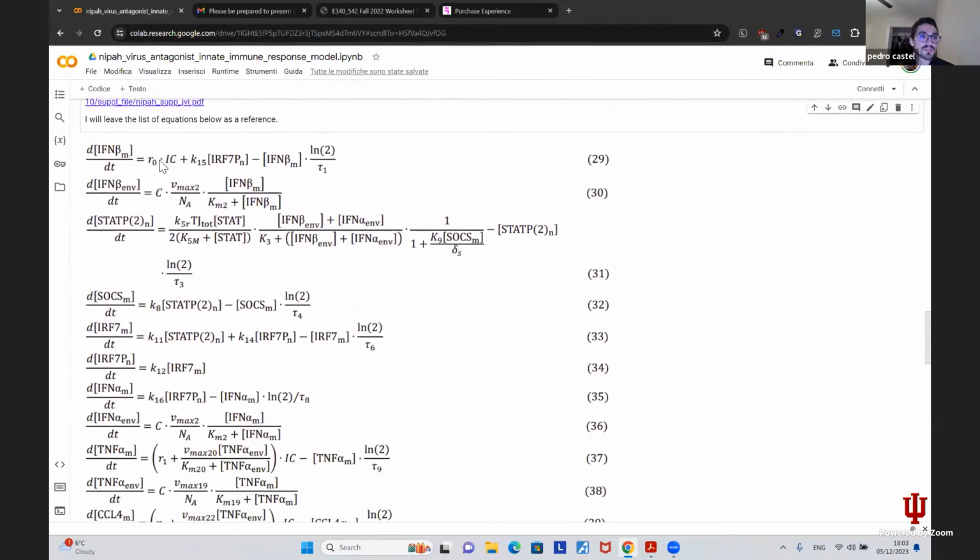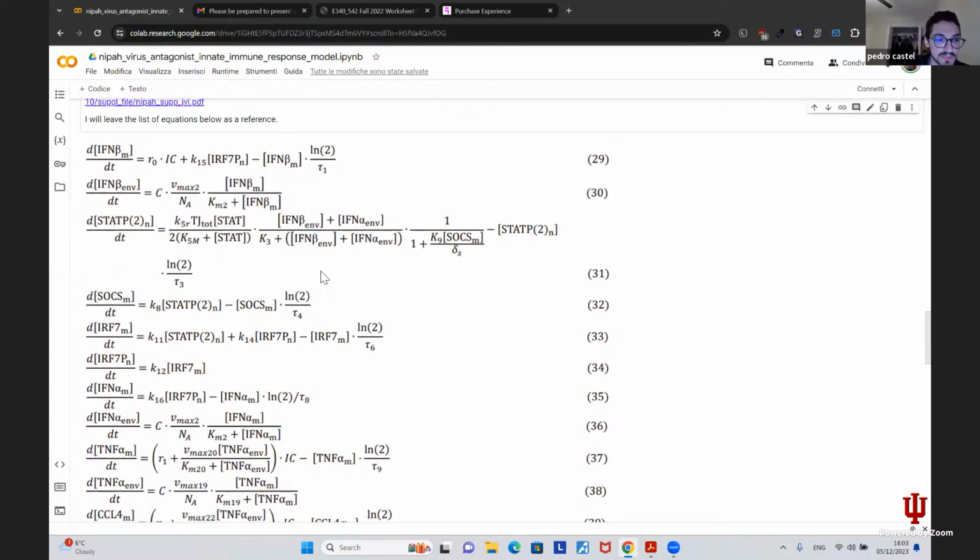These are all the equations. Here you have the mRNA for interferon. It has a basal rate of production, it's stimulated by IRF, which is interferon regulatory factor 7, and it decays.